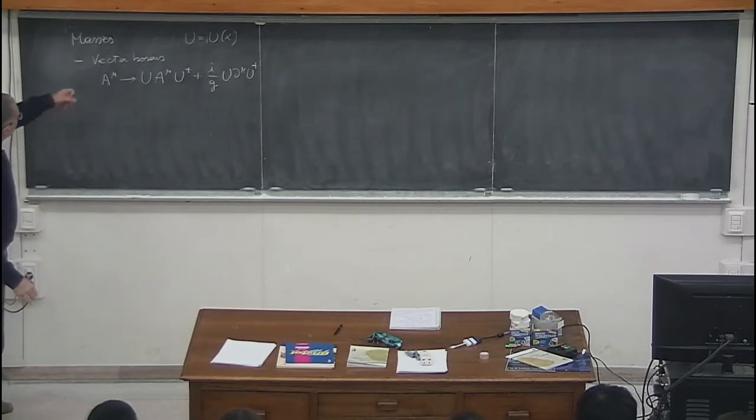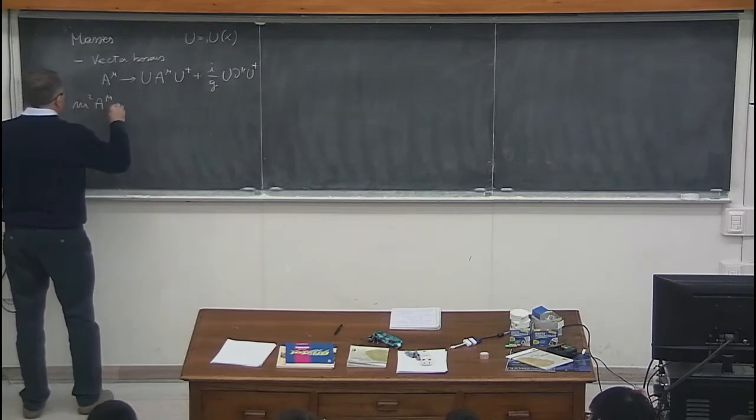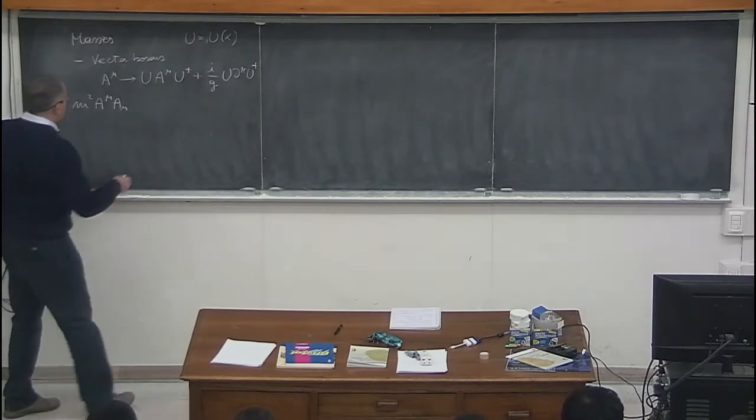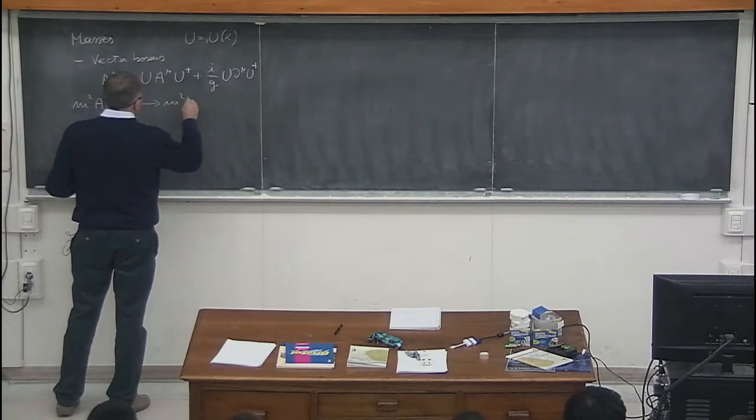And if you have a situation in which vector fields transform like this, it is clear that mass terms, m squared A_mu A^mu, are not allowed. What we call a mass term in quantum field theory is a bilinear term in the Lagrangian which does not contain derivatives. So this is the only mass term you can build out of a vector field which is dimension 4 and Lorentz invariant. So m squared A_mu A^mu is not invariant, clearly. It transforms into itself plus something.